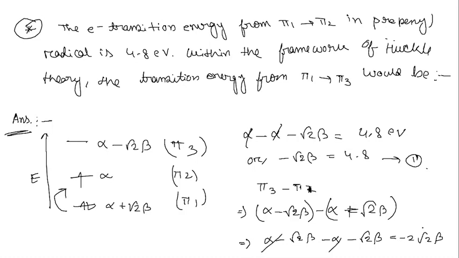Then what will be the value? Minus root 2 beta equals 4.8 electron volt. Now it will be 2 into 4.8, which is 9.6 electron volt. This will be the answer.